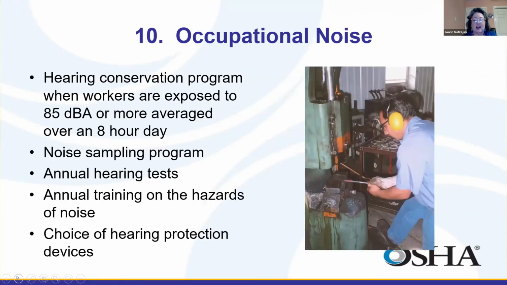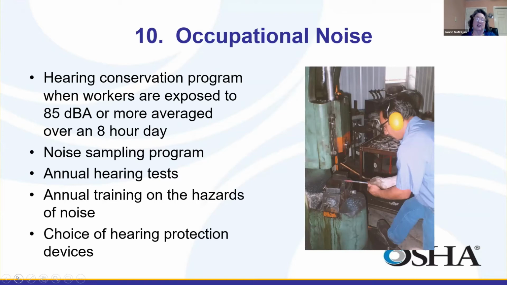Number 10, occupational noise hazards. When workers are exposed over 85 decibels on the A scale for 8 or more hours a day, then you have to institute a hearing conservation program.